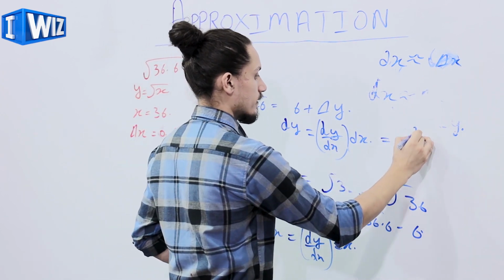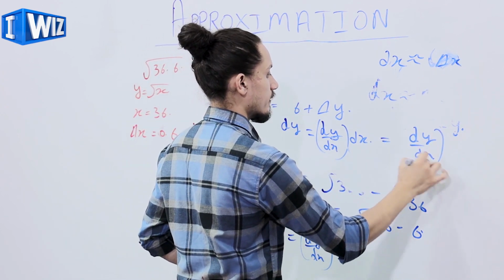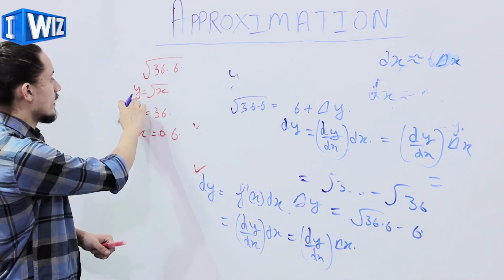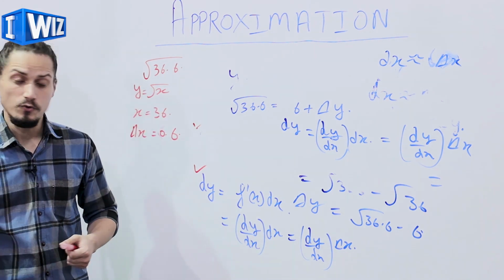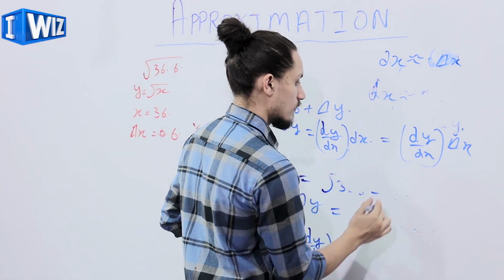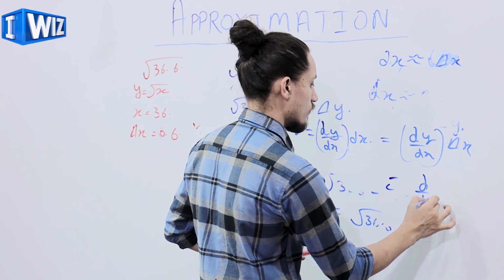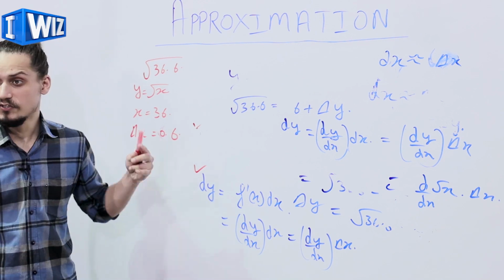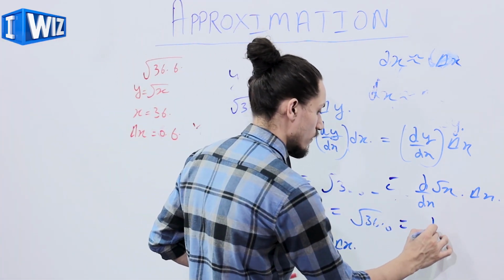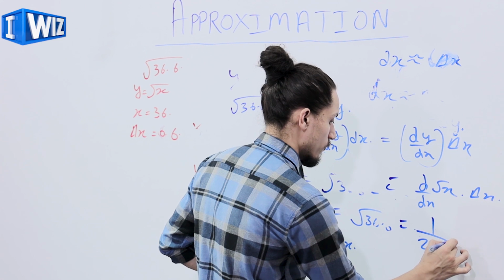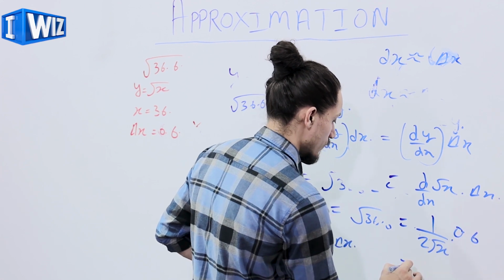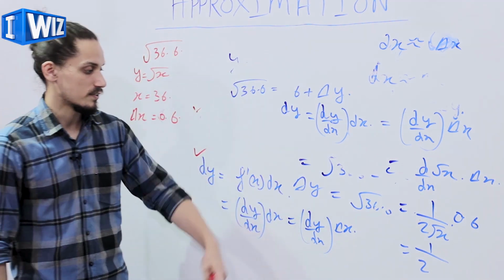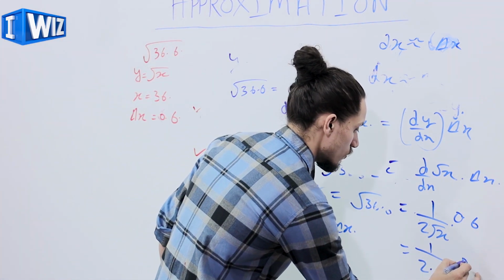So we can write it as dy by dx into delta x, which is equal to, now f dash x, that is dy by dx, y we had assumed as under the root x, so I can write it as d by dx of under the root x into delta x. Delta x value we have is 0.6, so it becomes equal to 1 upon 2 under the root x into 0.6, which is equal to 1 upon 2. X value we have is 36, so under the root 36 becomes 6 into 0.6.